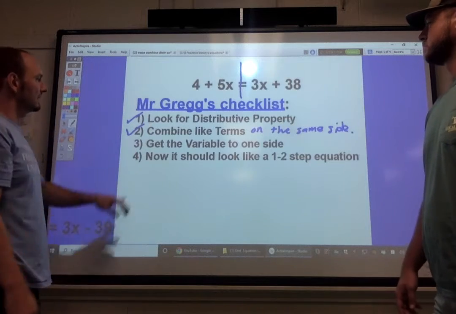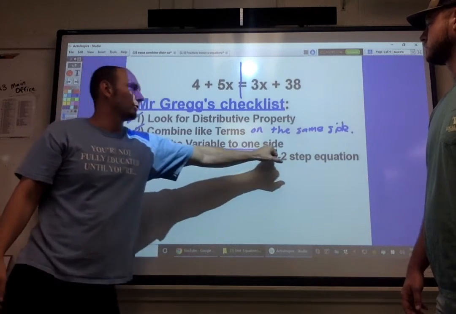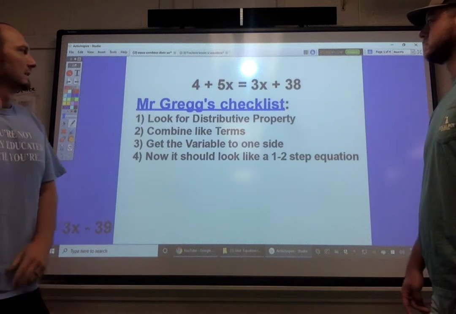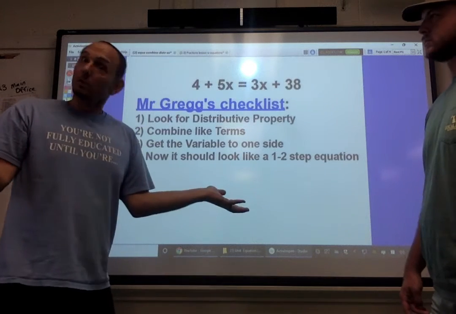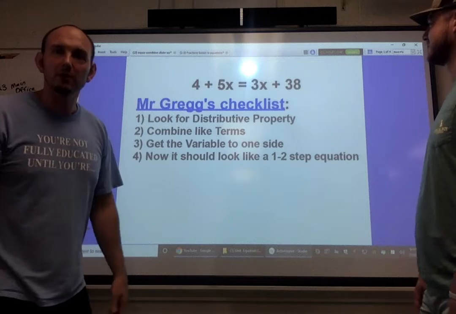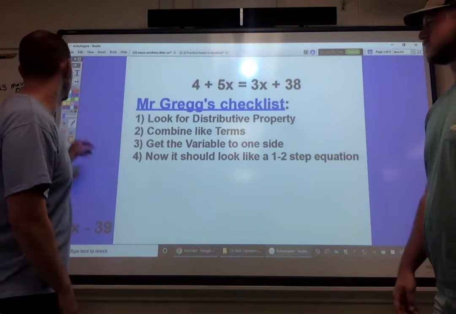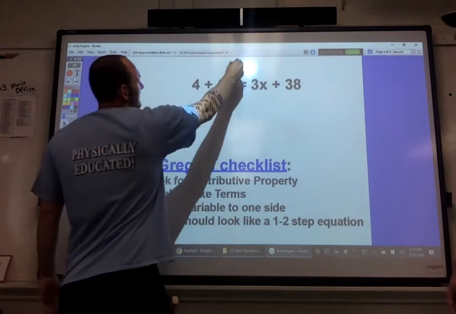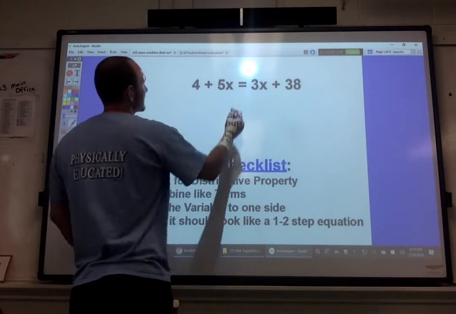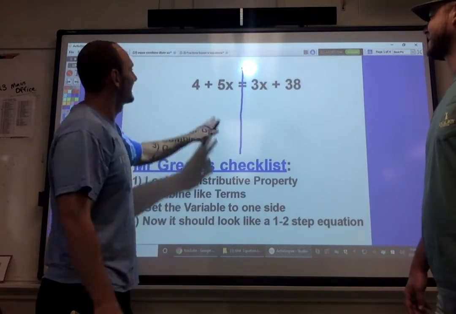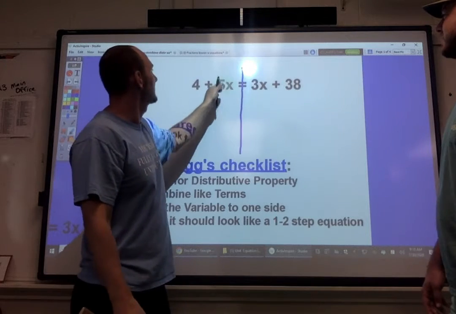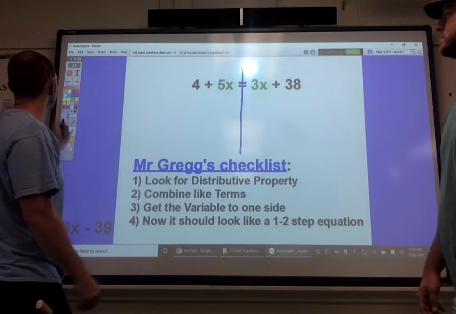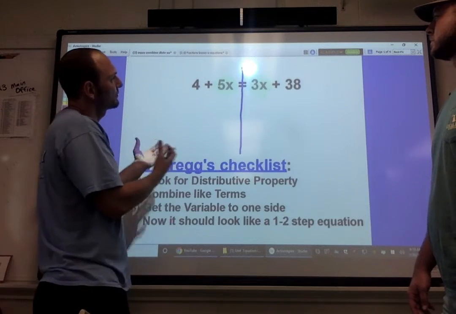So, now we got to get the variable on one side. Here's where typically kids think, oh, what do you do? I do this, I do that. Because there's a million ways you can do this, different orders. So, I'll discuss a couple. I have x in 2 spots, here and over here, so I'm going to figure out which one I want to move.